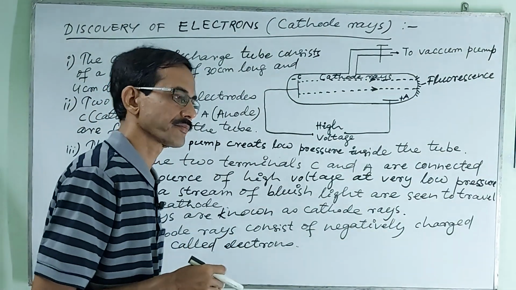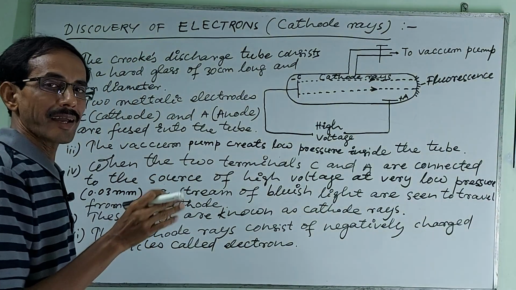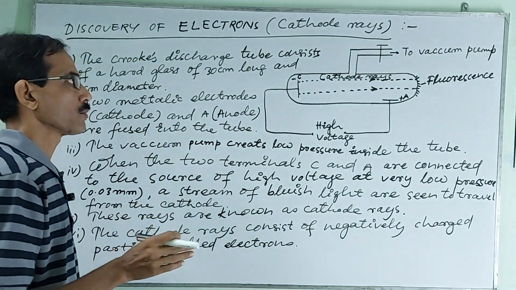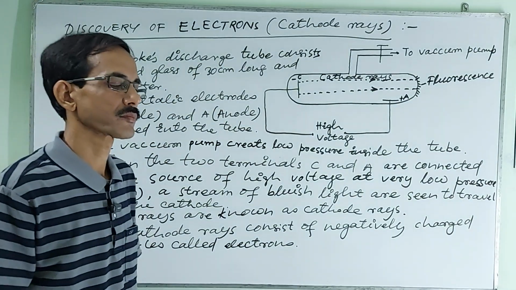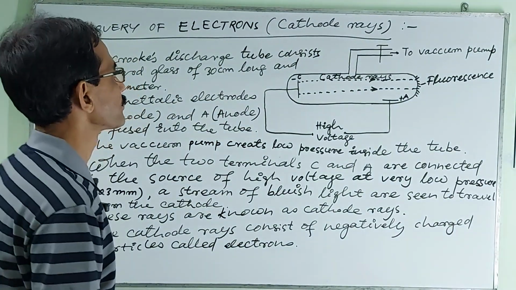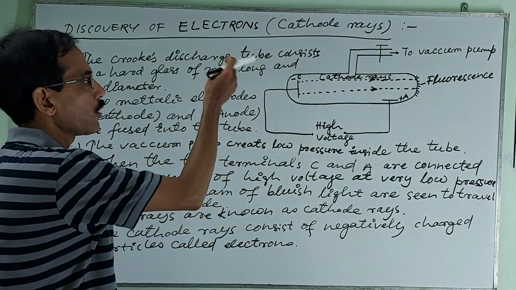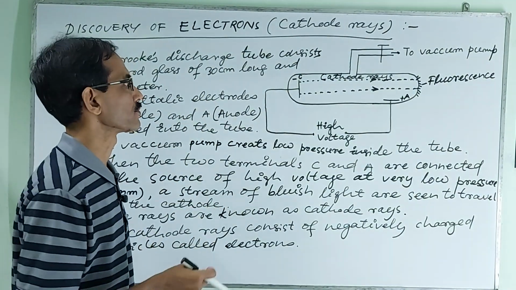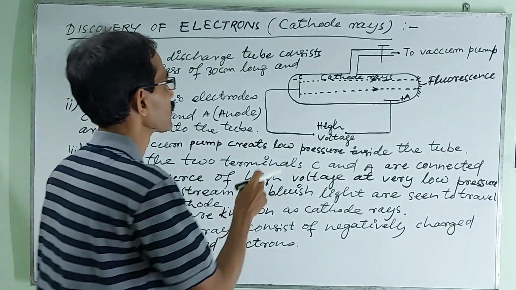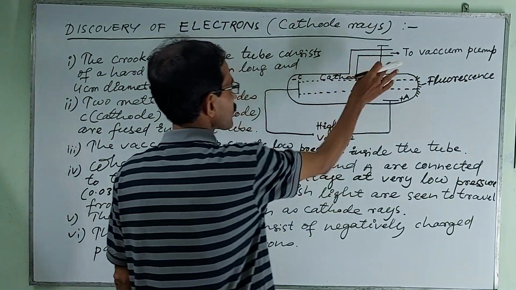My dear students, I am going to teach you about how electrons were discovered, how cathode rays were discovered. This is the Crookes discharge tube.